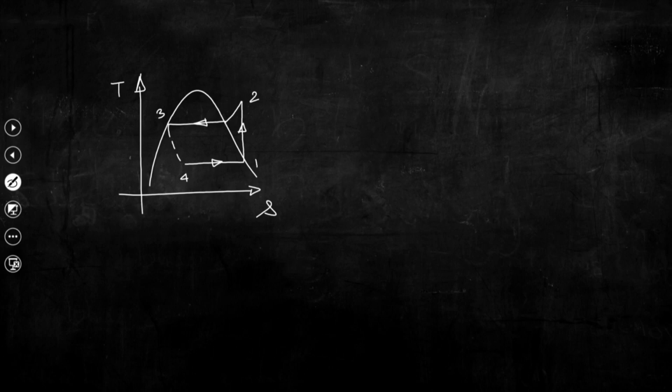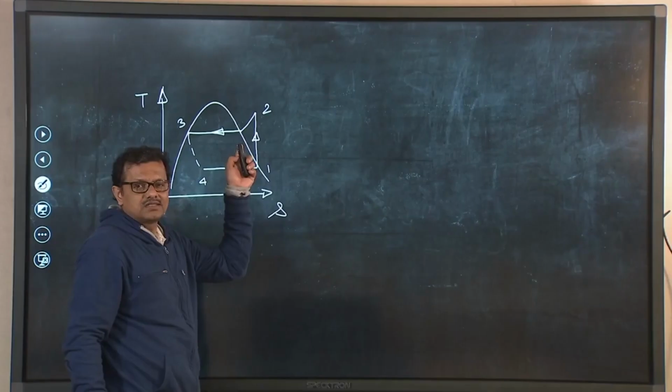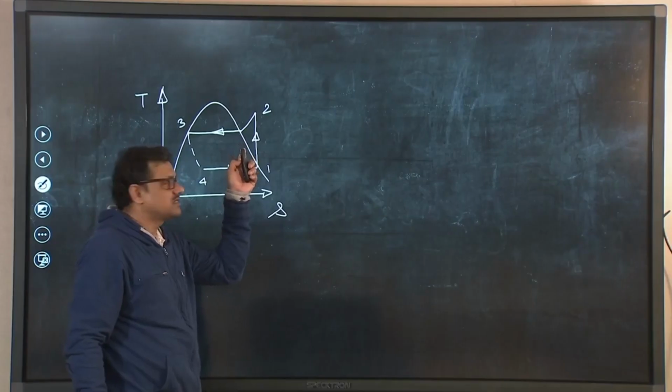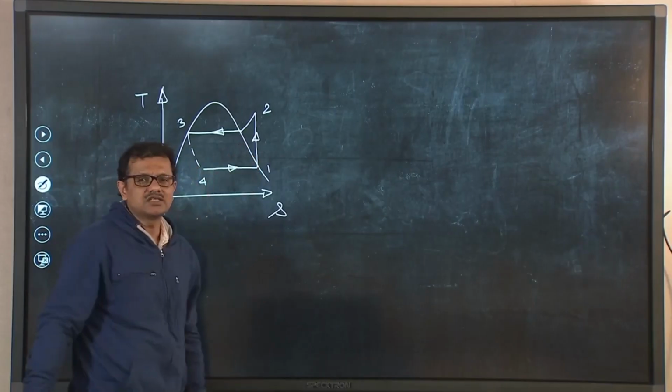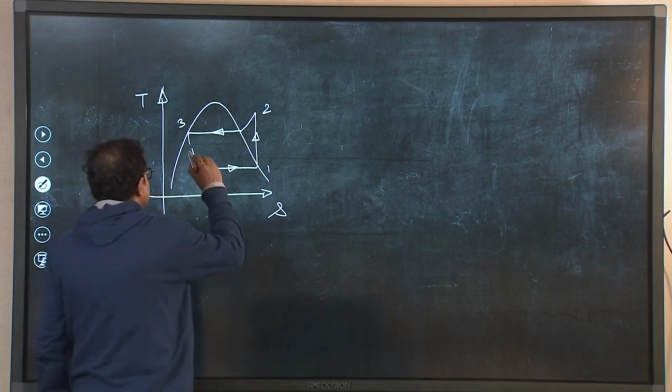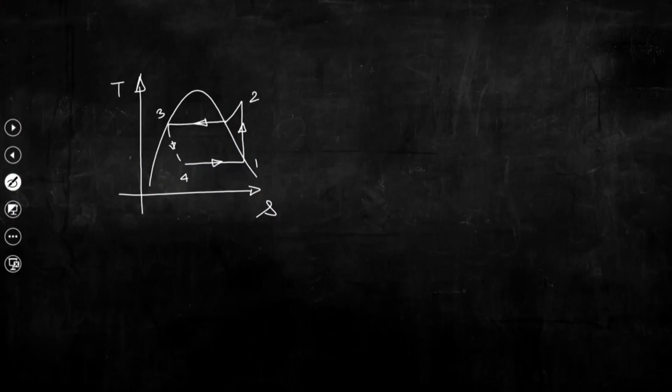So, we can see 4 to 1 constant pressure evaporation, 1 to 2 reversible adiabatic compression, 2 to 3 constant pressure process that is occurring in a condenser, and 3 to 4 that is the throttling process. So, this is the throttling process.